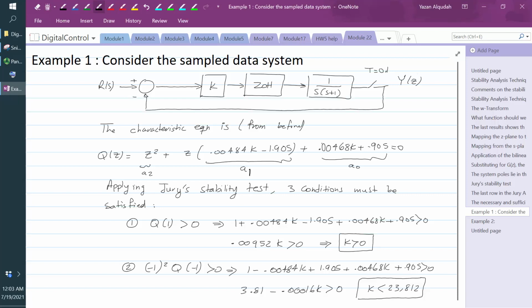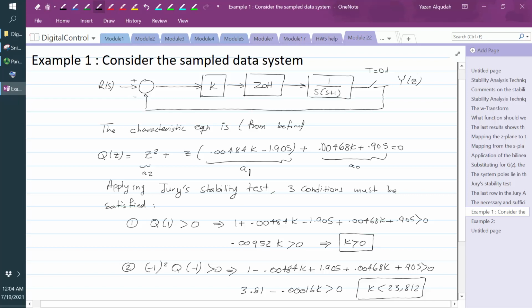So applying Jury stability, we get the first condition. We need Q(1) to be greater than 0, so we substitute z equal to 1. We get 1 plus 1 multiplied by the factor we have here, plus a0, which is the factor we have here.